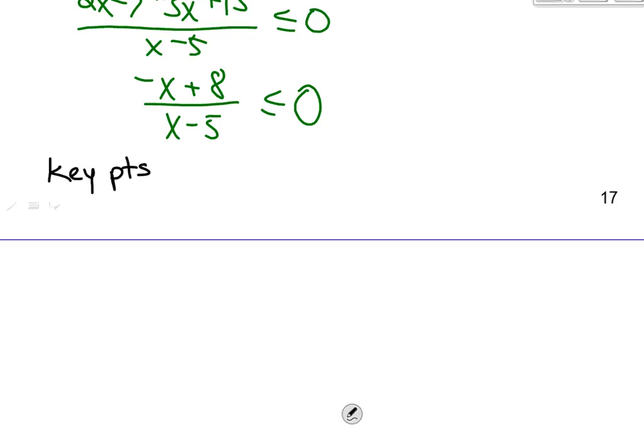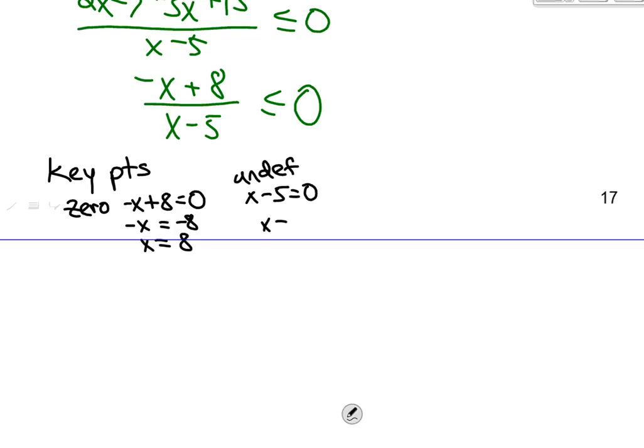So there is a 0 when negative x plus 8 equals 0. So negative x equals negative 8, or x equals 8. That's a 0. And there's an undefined value when the denominator is equal to 0. So x minus 5 equals 0, or x equals 5.